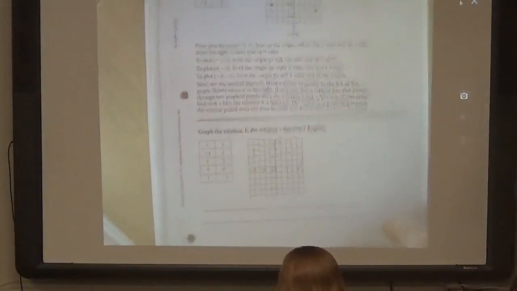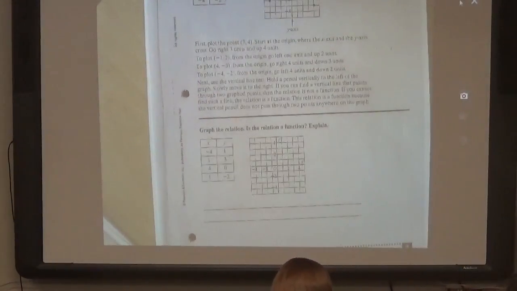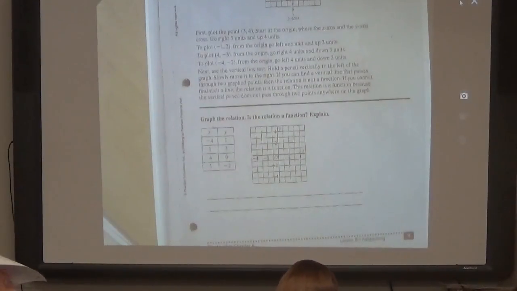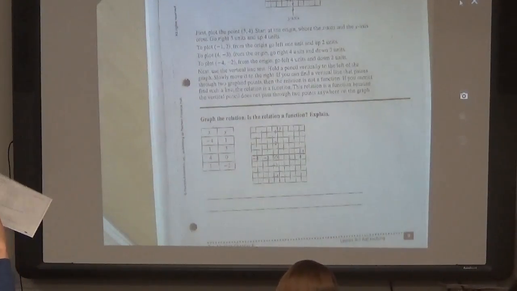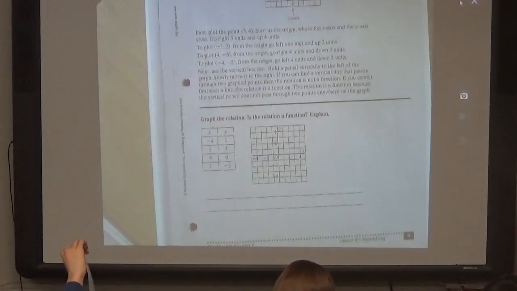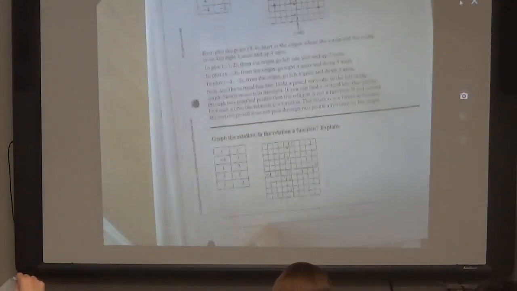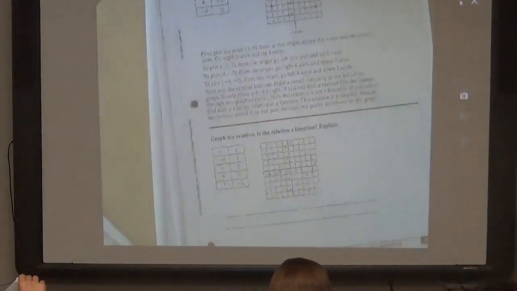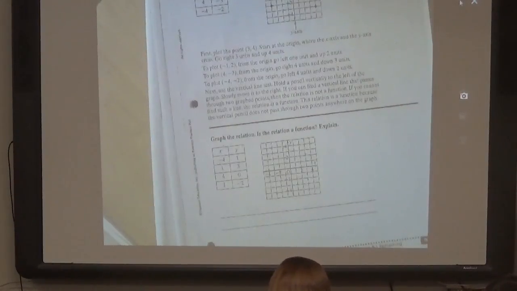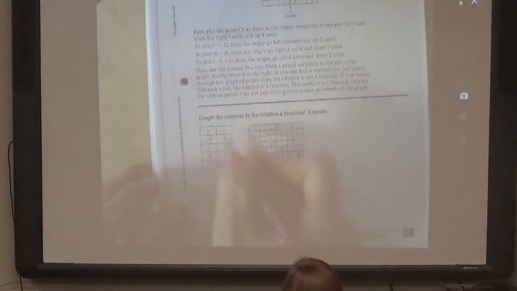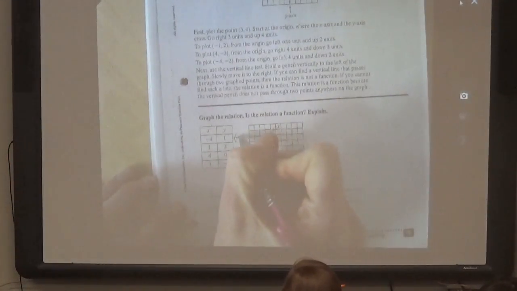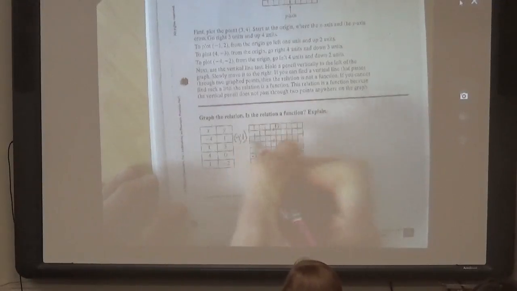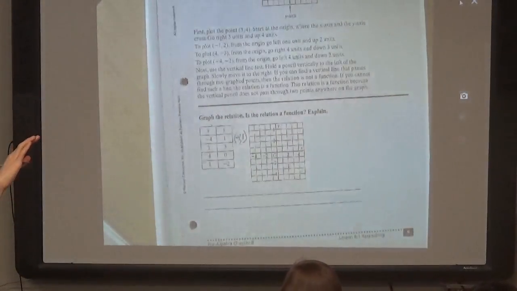So, it says graph the relation. You remember how to graph this? How do you plot points again? How would you graph the first set of numbers? -4, comma 1.